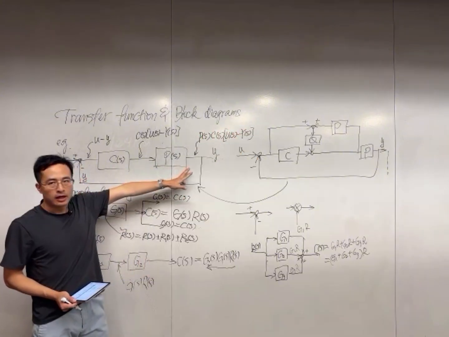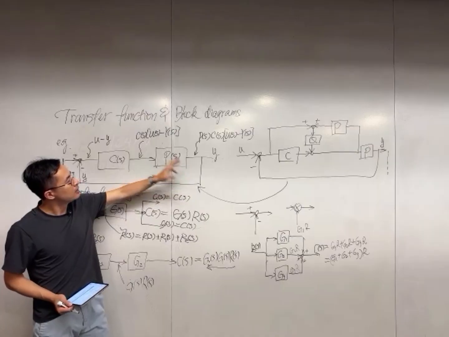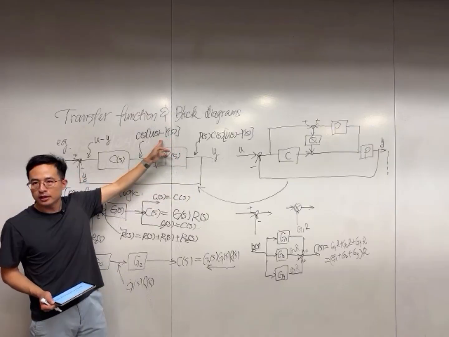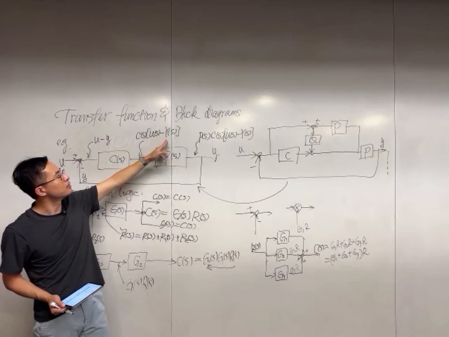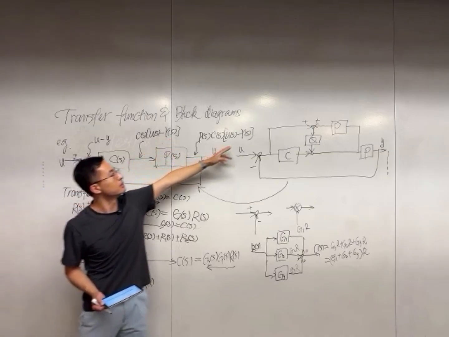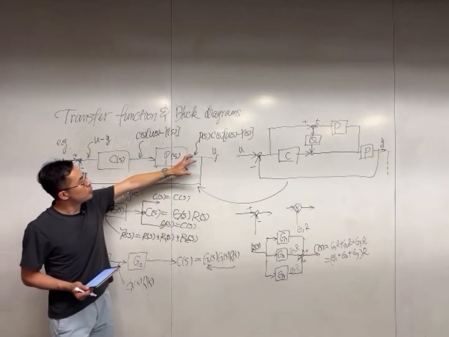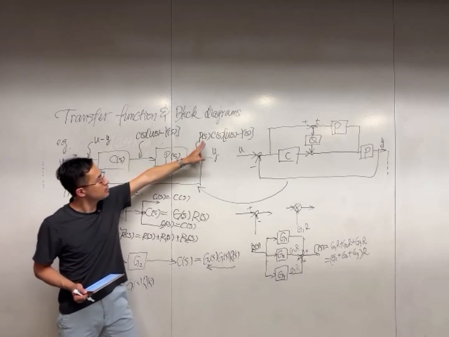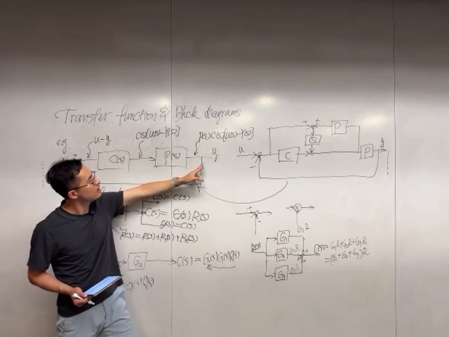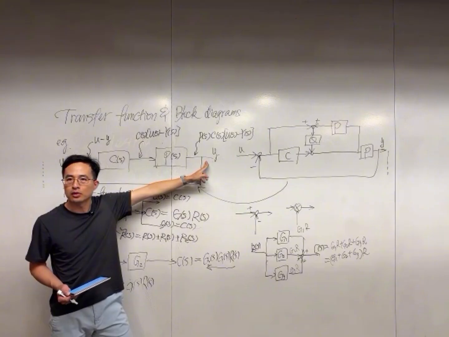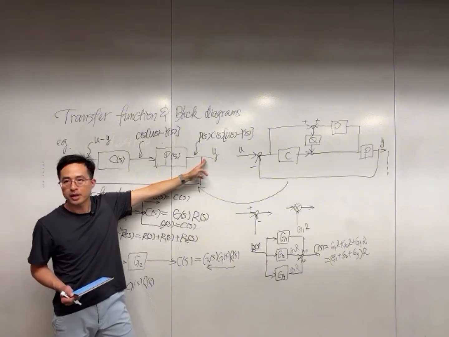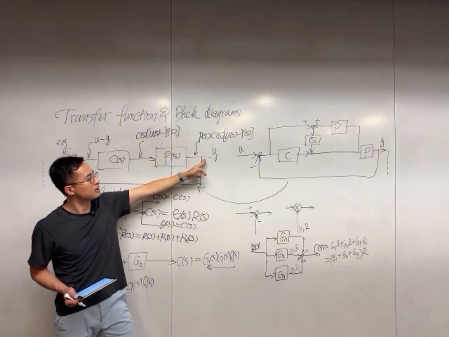So as a rule of thumb, when we write the quantities in Laplace domain, we use capitalized letters. So I'm using capital Y over here. So we know that this signal here is equal to PC(U minus Y), and then it also equals Y, because this is a pick-off point.